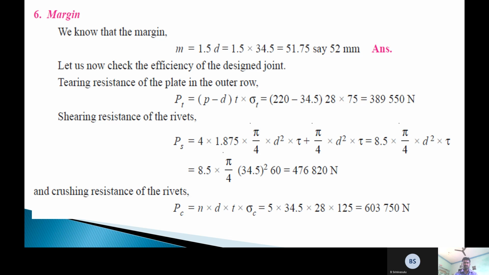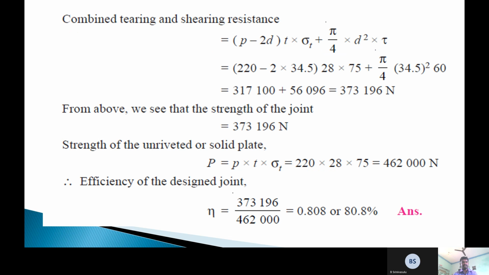Next, crushing resistance 6,03,750. Next, combined tearing and shearing resistance, (P minus 2D) into T sigma T plus 5/4 into D square into tau. That calculated value is 3,73,196 newtons.